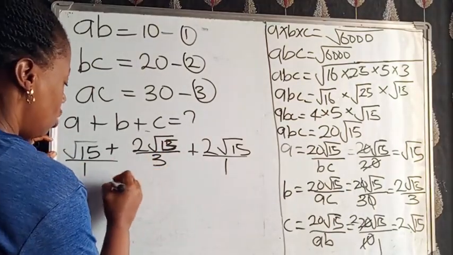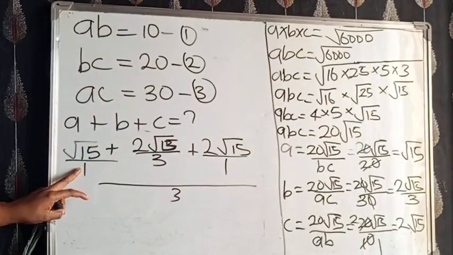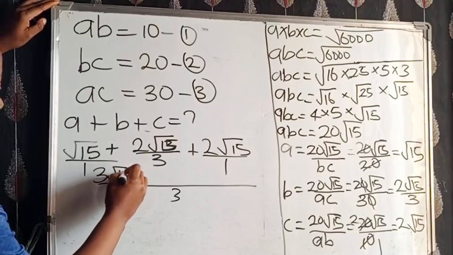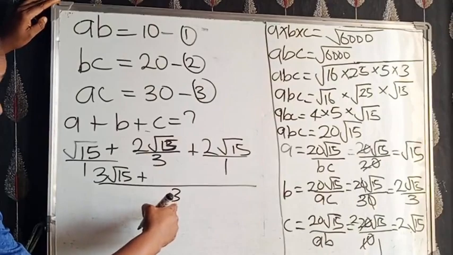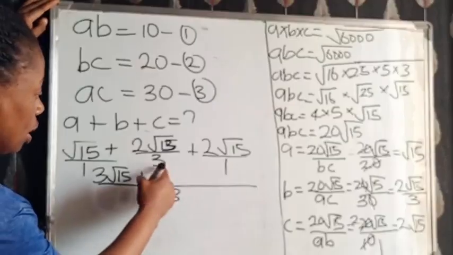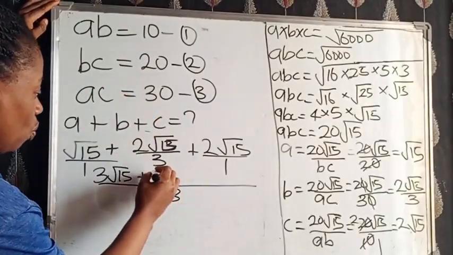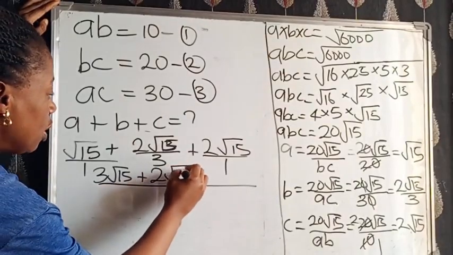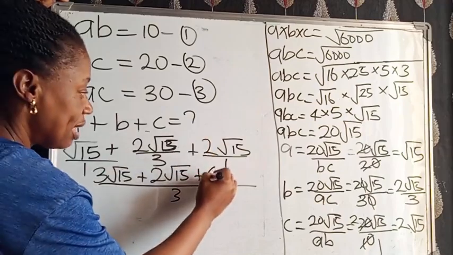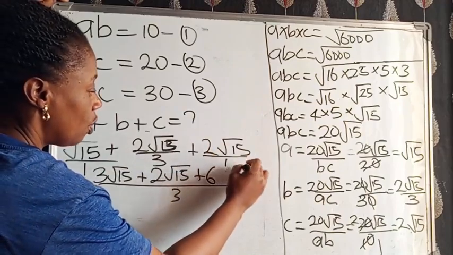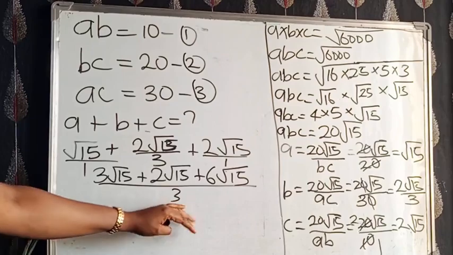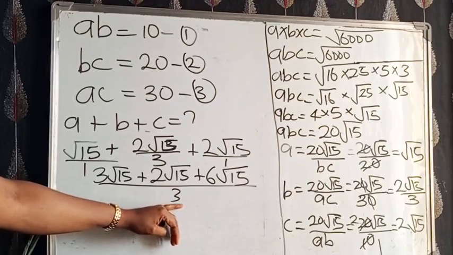So the LCM here is going to be 3. 3 divided by 1 is 3. So we are going to have 3 root 15 plus 3 divided by 3 is 1. So 1 times 2, we are going to have 2 root 15. 3 divided by 1 is 3. 3 times 2 is 6 root 15. So now they all have a common denominator. So we can go ahead and add.